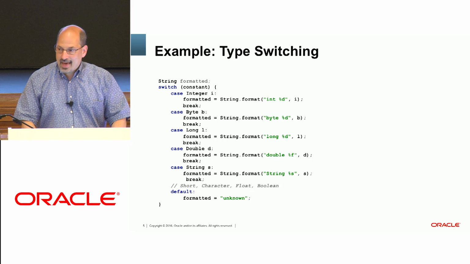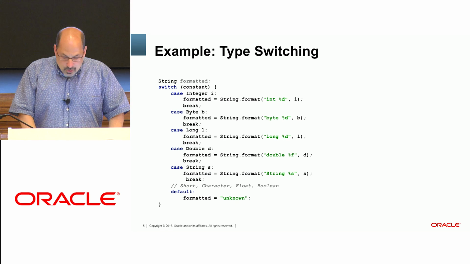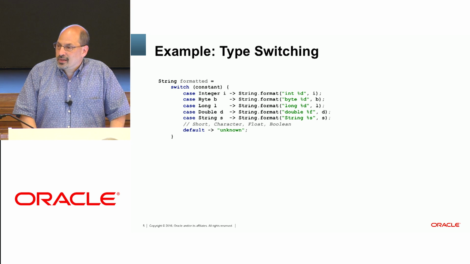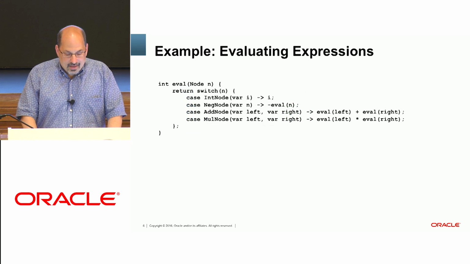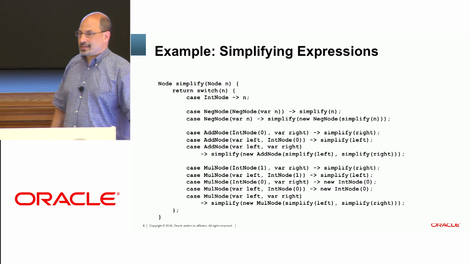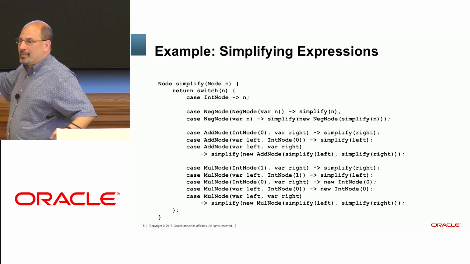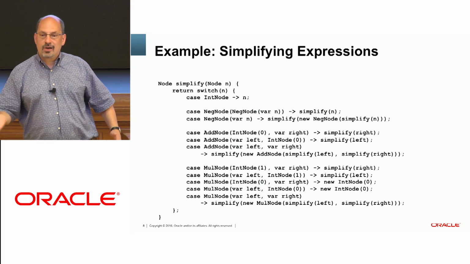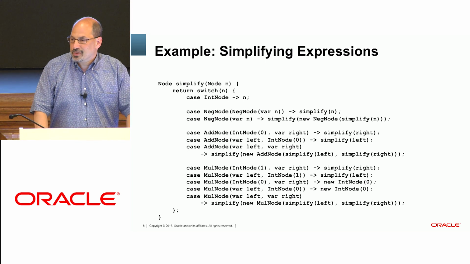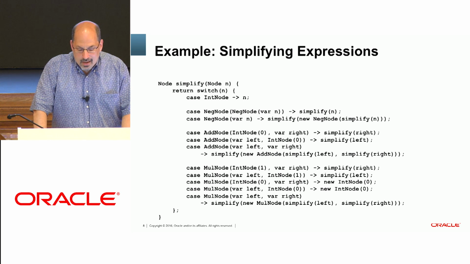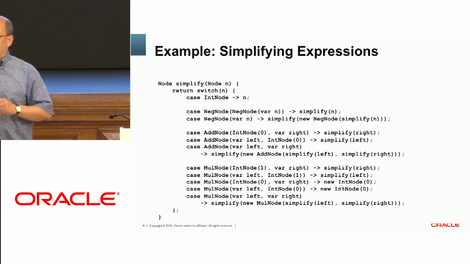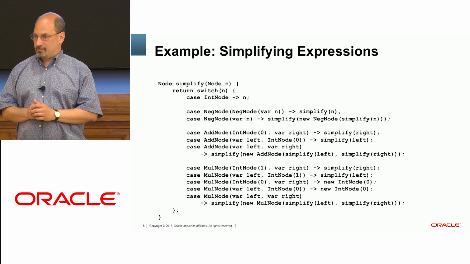So that a statement switch would look like this, that an expression switch would look like this, and that nested patterns would look like this. That's my current thinking. This is being discussed on the Amber mailing lists, Amber Dev and Amber Spec Experts. So there's been some examples posted, but if you have thoughts about it, Amber Dev is the place to bring those.